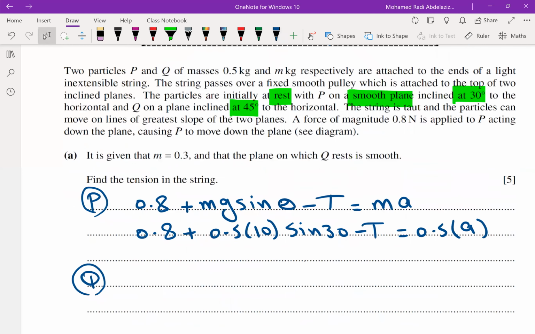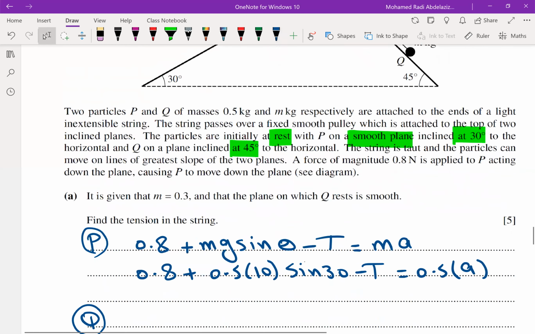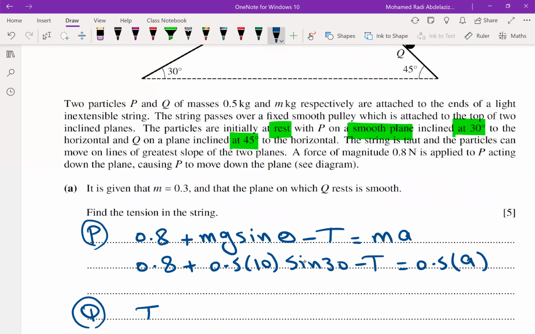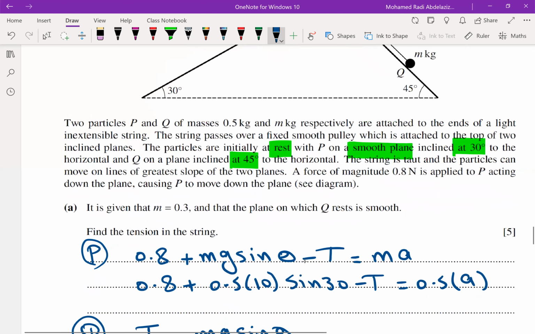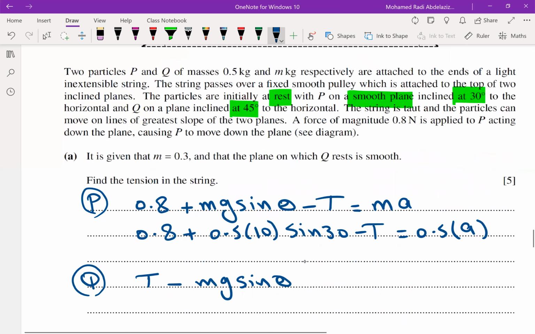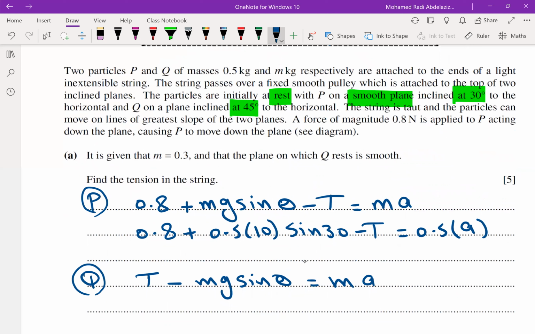Second equation for particle Q: it moves up because of tension, minus mg sine theta. We don't have any friction force either, it's smooth, so the tension minus 0.3 times 10 times sine 45 degrees is equal to mass 0.3 multiplied by the acceleration.